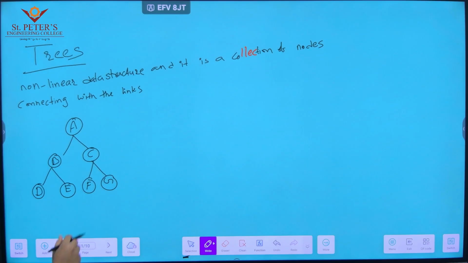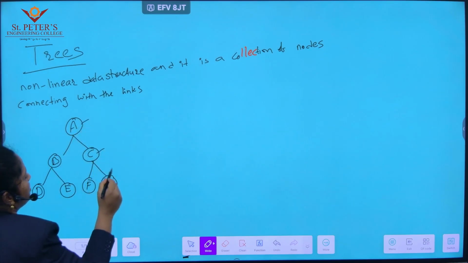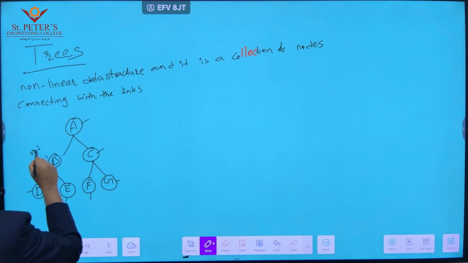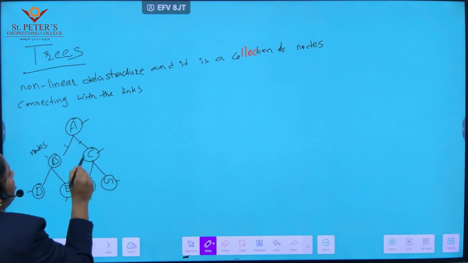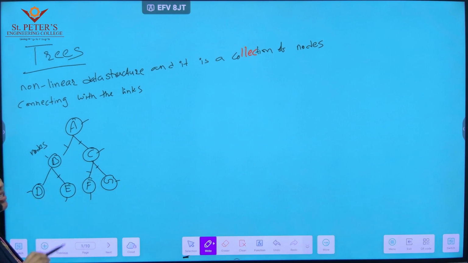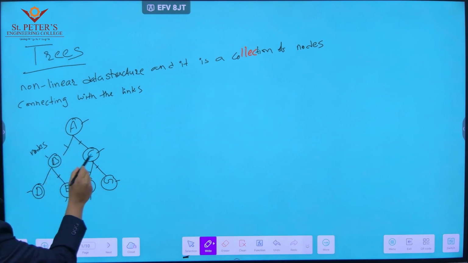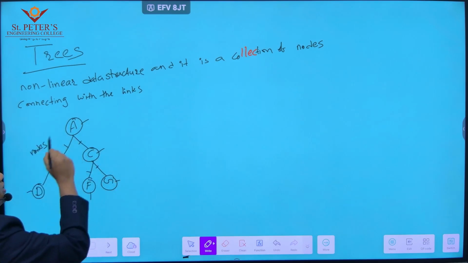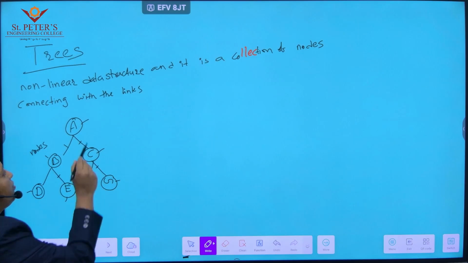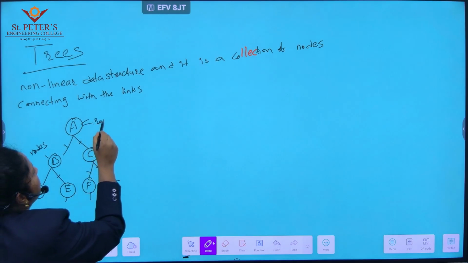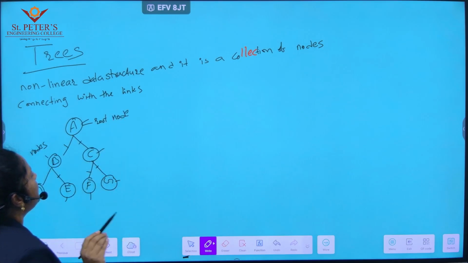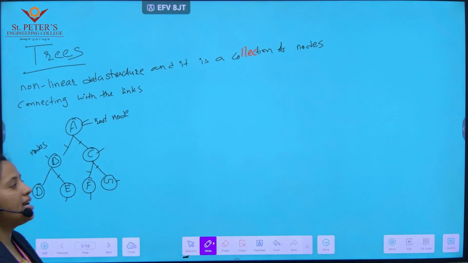In this, these are the nodes, and these we call edges. Edges are nothing but links between the nodes. In every tree diagram, the first node we call the root node.